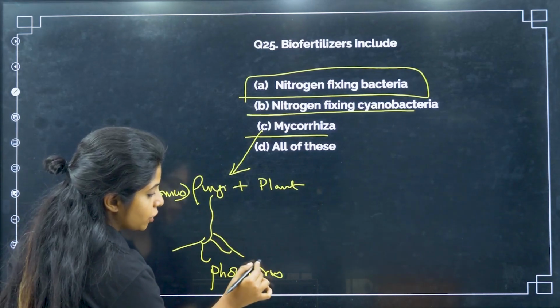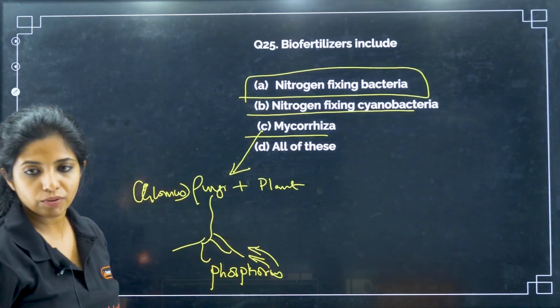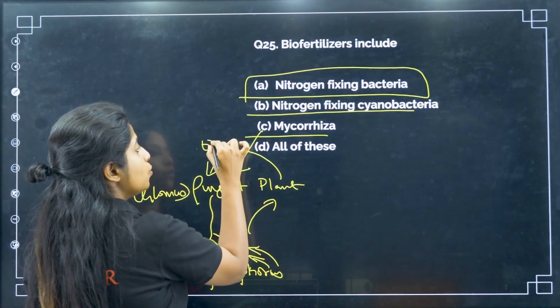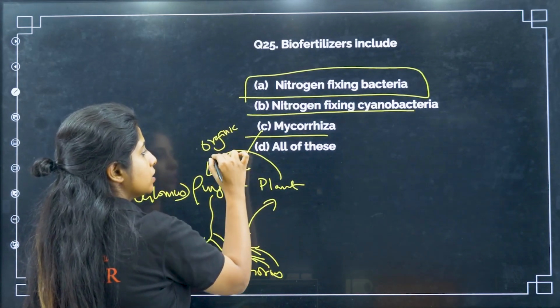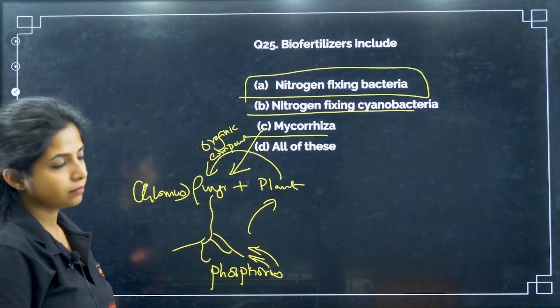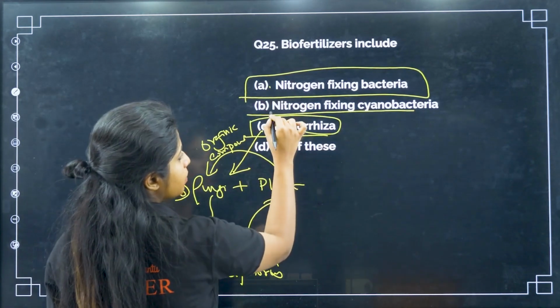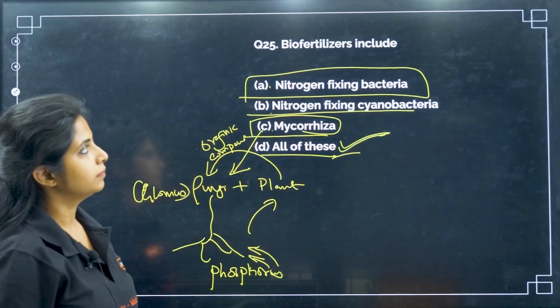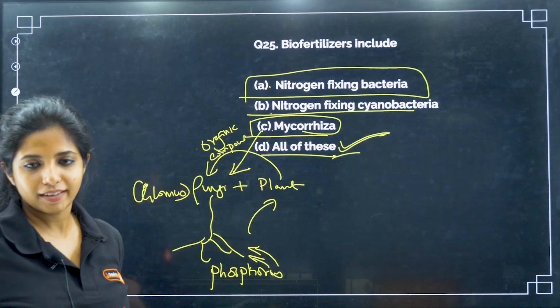When it takes phosphorus from the soil, it can give it to the plant. What will the plant give in return? The plant will be doing photosynthesis and giving some organic compound to the fungi for its growth. Okay, so can I say A, B, C, all of them are correct? So all of this is correct. So biofertilizers include all of this.